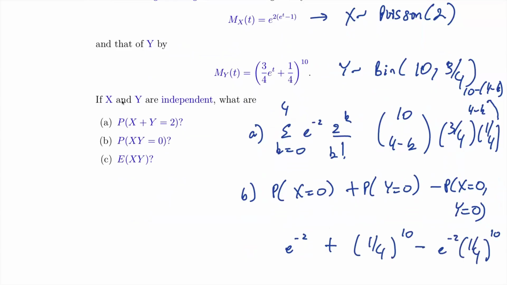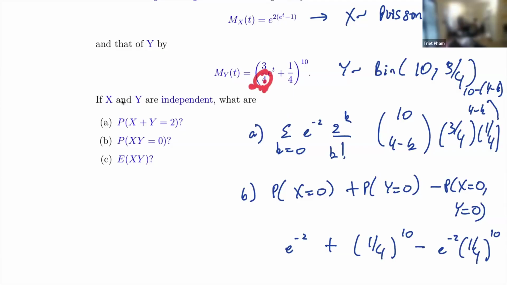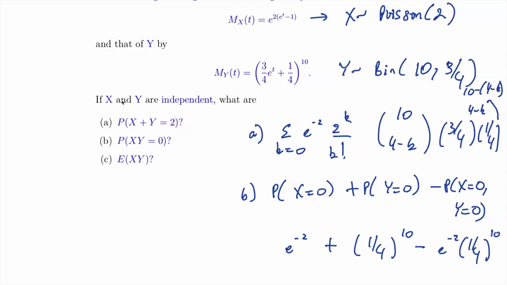Professor, question: for A, why are the bounds of the sum from k equals 0 to 4? Oh, I for some reason said this is equal to 4.